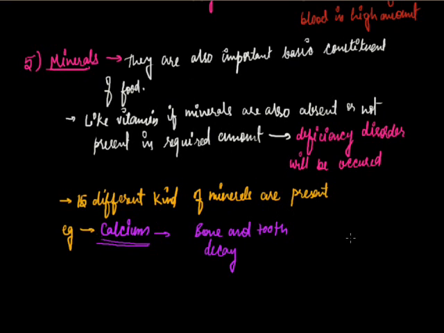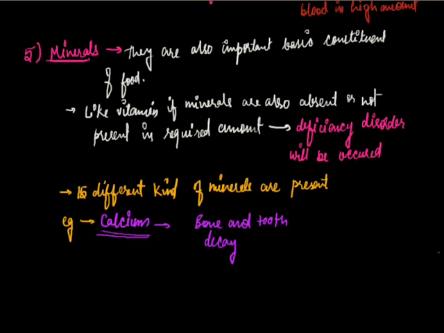It happens because calcium provides bones strength, and in the absence of calcium, bones and teeth will be weak. So calcium deficiency causes bone and tooth decay, and the symptoms of this disorder are weak bones and tooth decay.